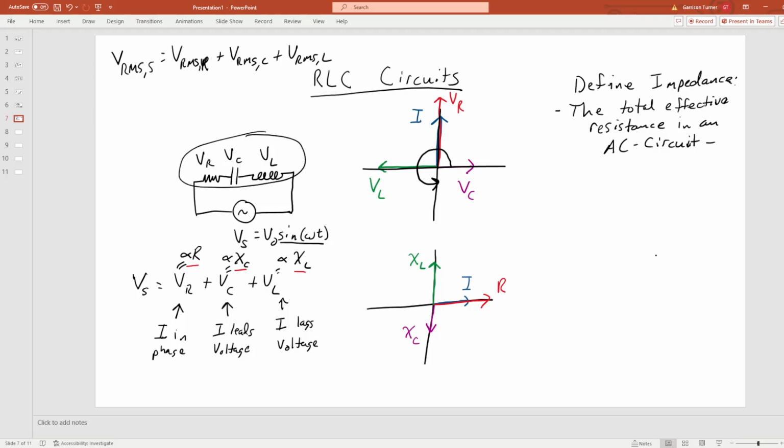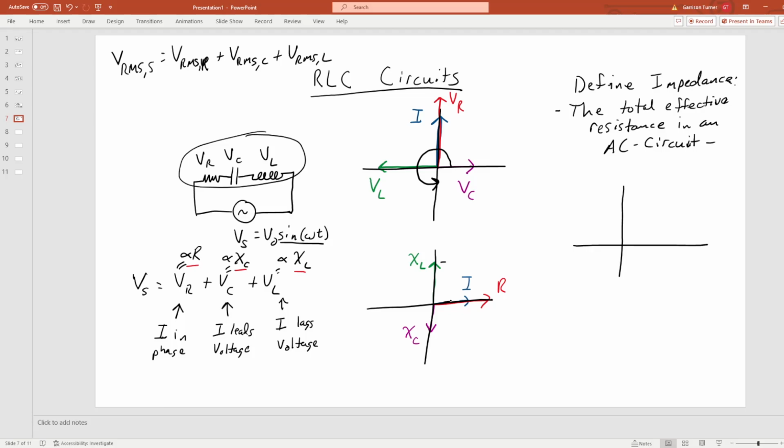Okay, so here we go. If we look at this phasor diagram, now it doesn't have to be true that chi sub L is larger than chi sub C, but it will always be true that chi sub L leads chi sub C as far as the current goes. Okay?